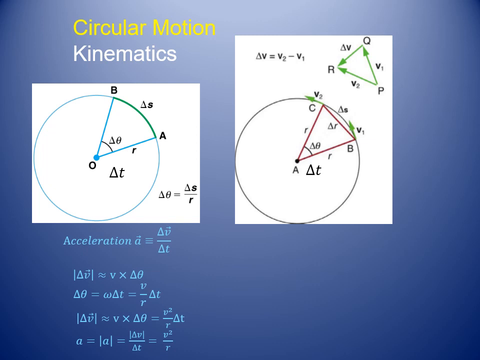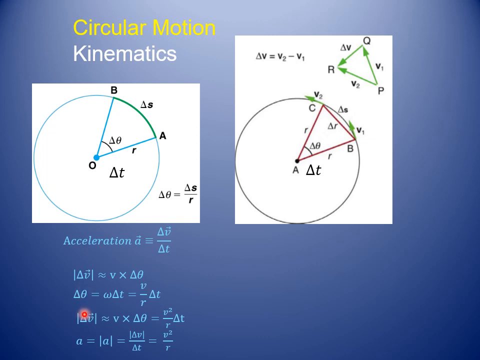If you work through the math, with the change in the angle and the change in the velocity, it is changing this much and then this much. Therefore, v times delta theta is the magnitude of the velocity change.